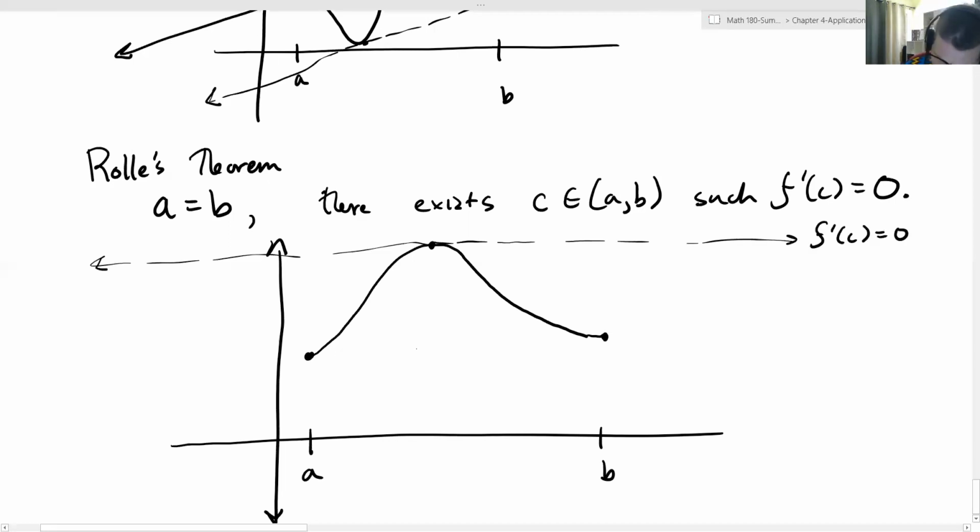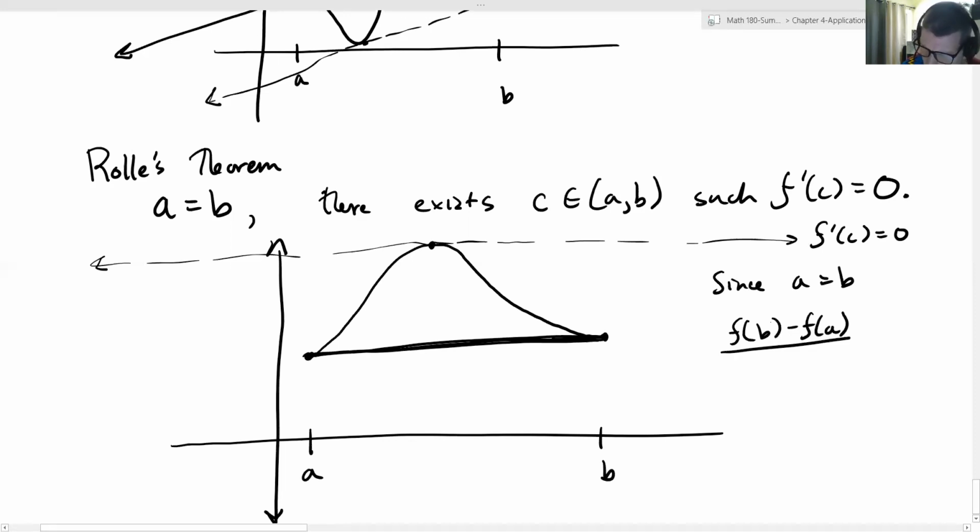But you can also see, if you look here, since A equals B... not quite, since f of A equals f of B. As a side note, f of A equals f of B is what we need in Rolle's theorem.